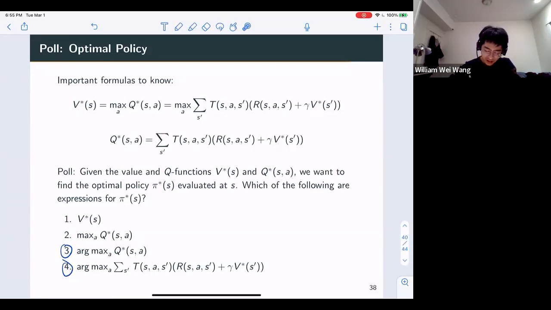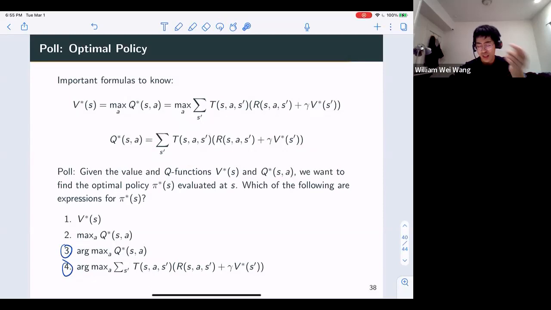So here, this Q star says, okay, what's the best value I can achieve by taking an action A starting from state S? Well, that means that the best action should give you the optimal policy, which it does. So this is true. And then 4 is just a rewriting of this Q star using this sigma, or using this expression.